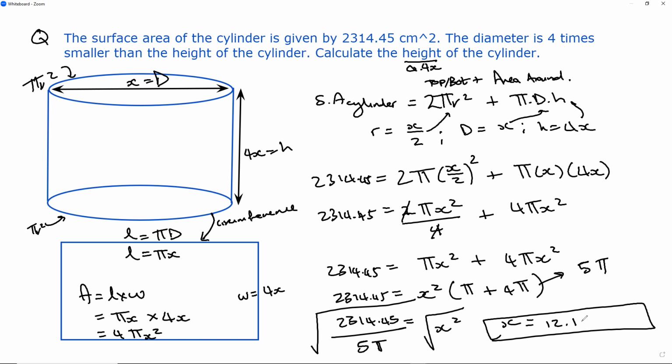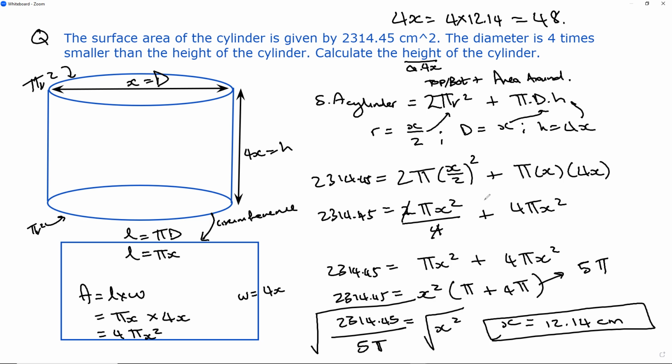Let's round to two decimal places, 12.14 would be x in centimeters. Now we're going to multiply this answer by 4. So we're going to times it by 4, and it will come to 48.55. So therefore, 4x is going to be 4 times 12.14.